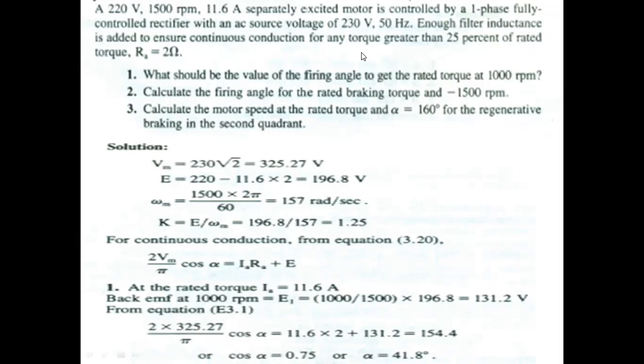The armature resistance is given as 2 ohms. Now we have to find out the speed and torque at the boundary of continuous and discontinuous modes at alpha equal to 60 degrees.